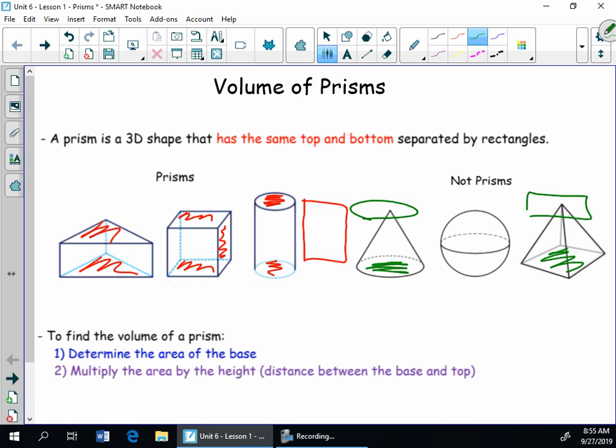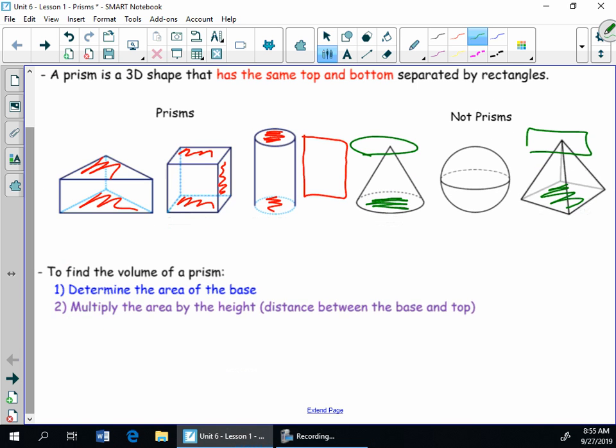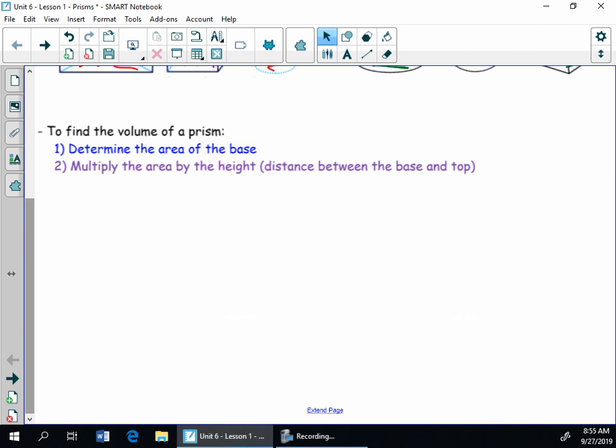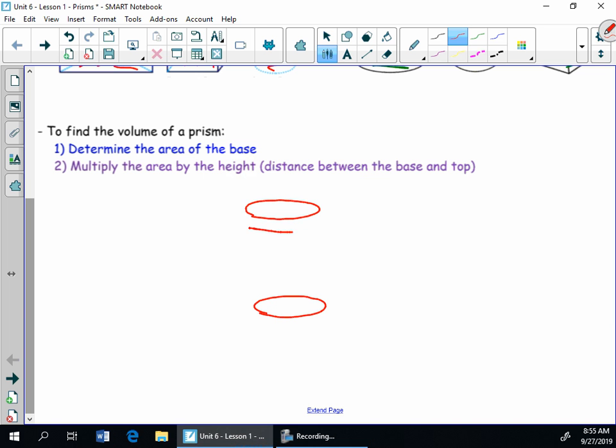Okay. Whenever we do prisms, and in fact, whenever we do most of our shapes, we're going to use the same idea. The idea of a prism is if you can figure out the area of the base, let's start with a nice one here, a circle, that would be the top and the bottom. All I have to do is figure out how many other circles are in between it, a bunch of them all stacked up on top of each other.